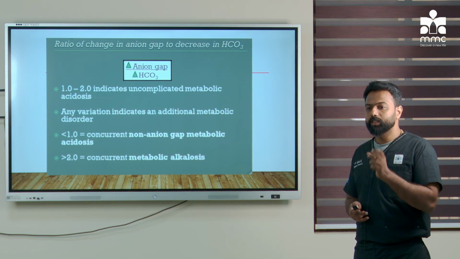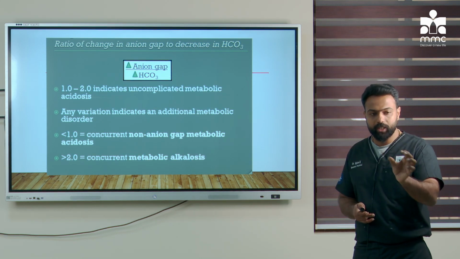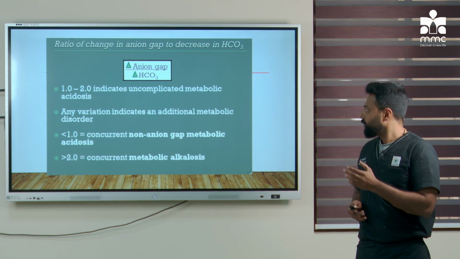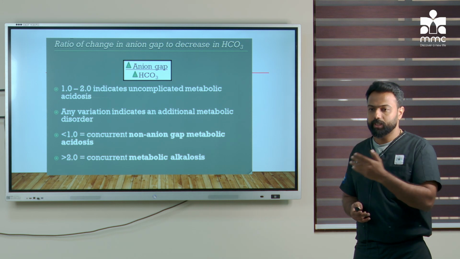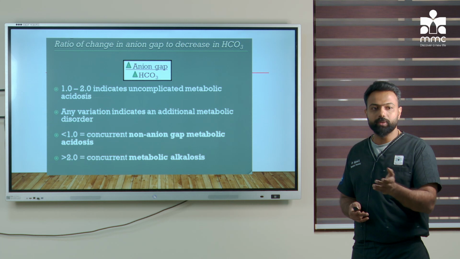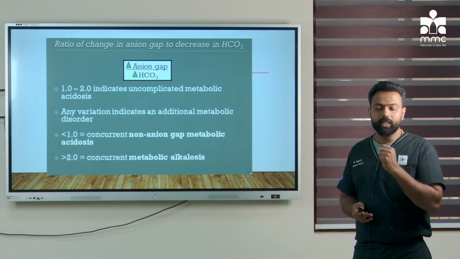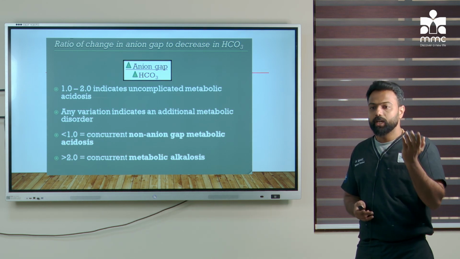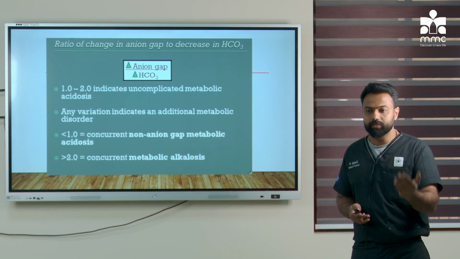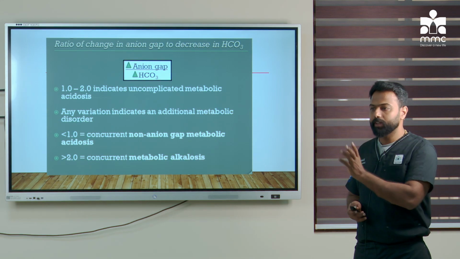Delta anion gap means the anion gap, calculated by sodium minus chloride plus bicarbonate, minus the normal value. Normally it is 12, right? So if a patient has an anion gap of 25, the delta is 25 minus 12, which is 13. Okay. So delta HCO3 is the normal 24 minus the actual bicarbonate the patient has. If it is 15, it is 24 minus 15. So you will get a delta bicarb and you apply it in the formula.